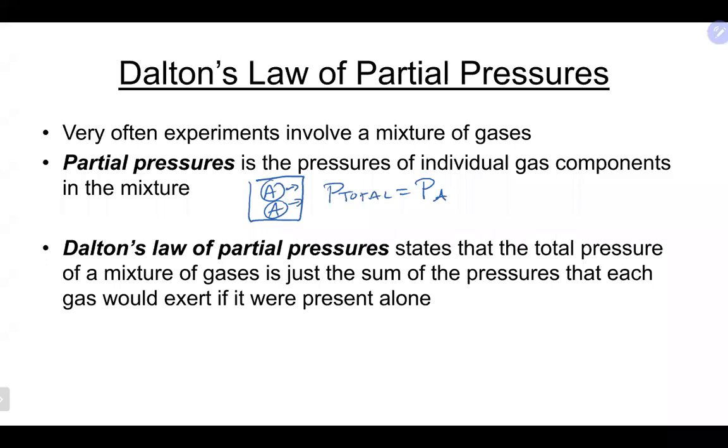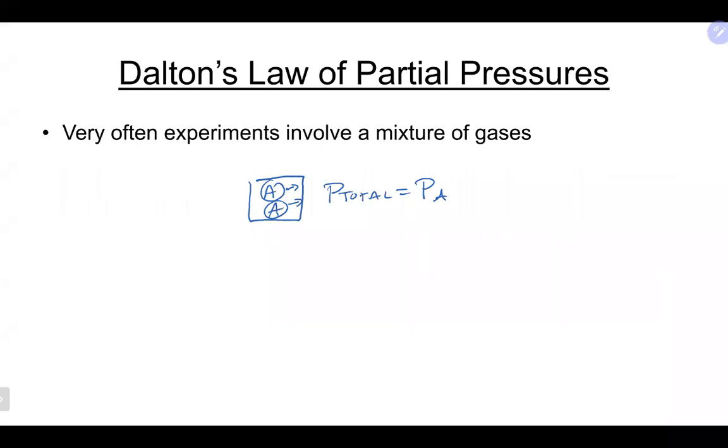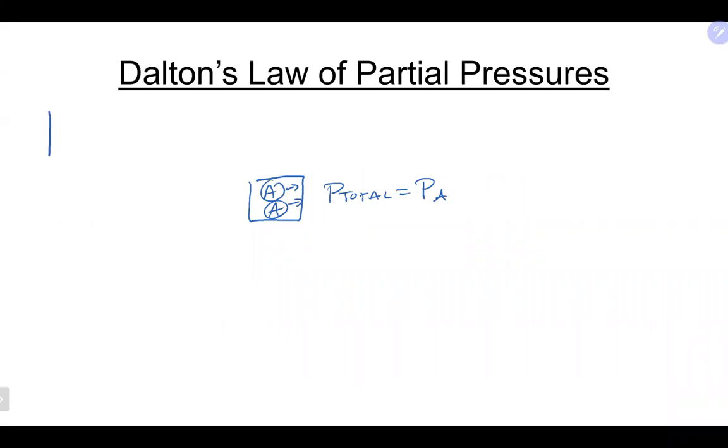Now, if I take another container and I put in gas A and gas B and gas C flying around, now the total pressure of this container is really a result of all three gases that are present. They are all contributing to the total collisions that are occurring.